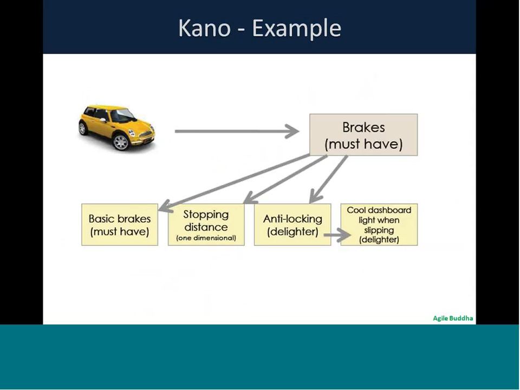Another example: if you are planning to purchase a car, having basic brakes is a must-have, and if it is able to stop within 1 meter instead of 3 meters, the satisfaction increases. Anti-locking was probably a delighter, but now every car more or less comes with anti-locking. This is how the industry really matures.